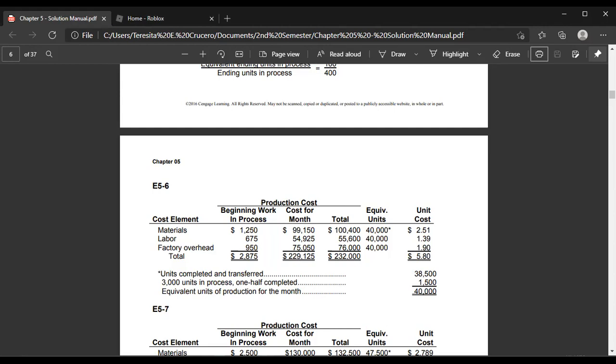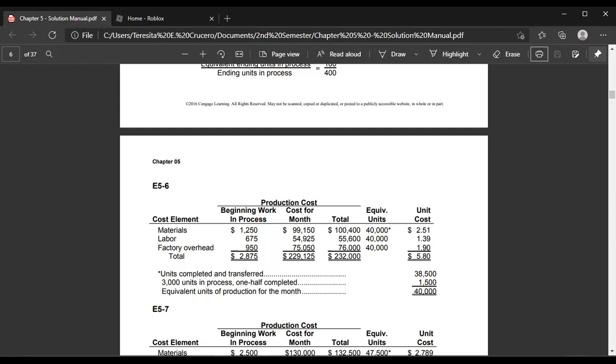So in E5-6, for the beginning work in process, you are given the cost of each element. Total is 2,875. Then the cost during the month, again, you are given the cost of each element.